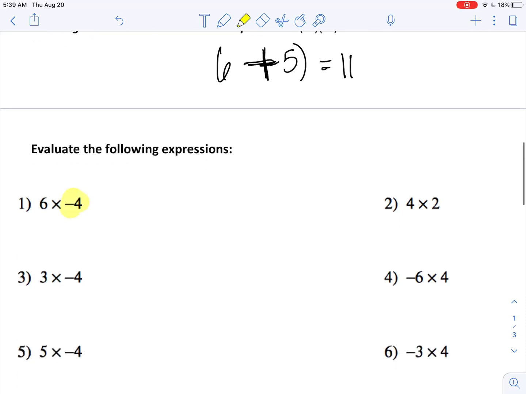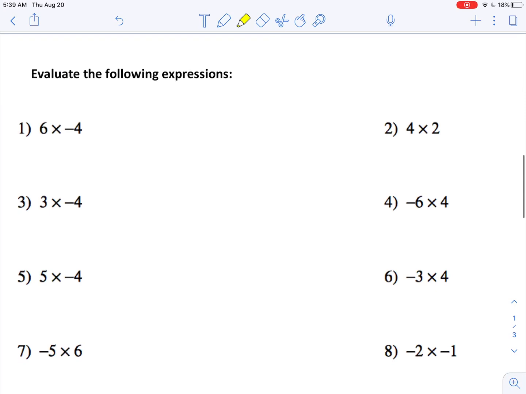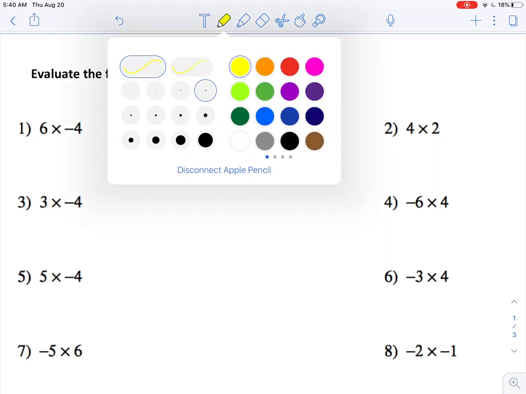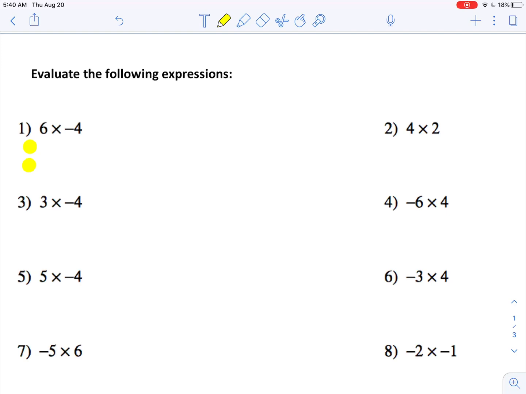I wanted the highlighter. So here I've got one negative, and we know that a negative times a positive is a negative, because if I have, think of this as like 6 groups of negative 4. 1, there's one group, 2, 3, 4, 5, 6.